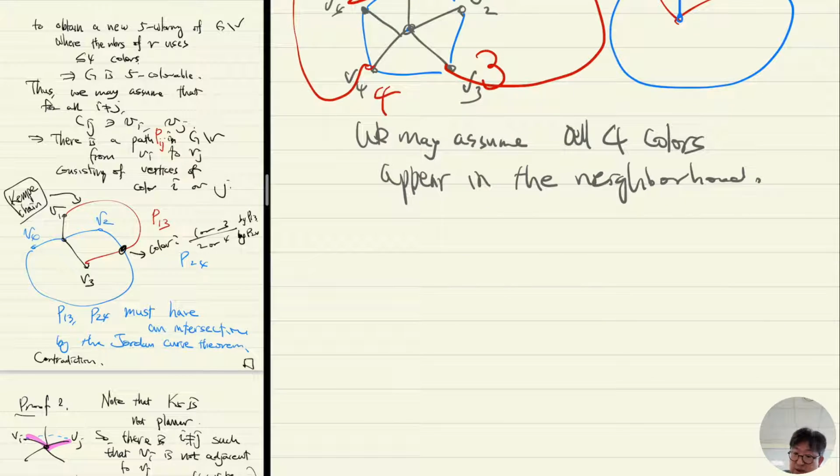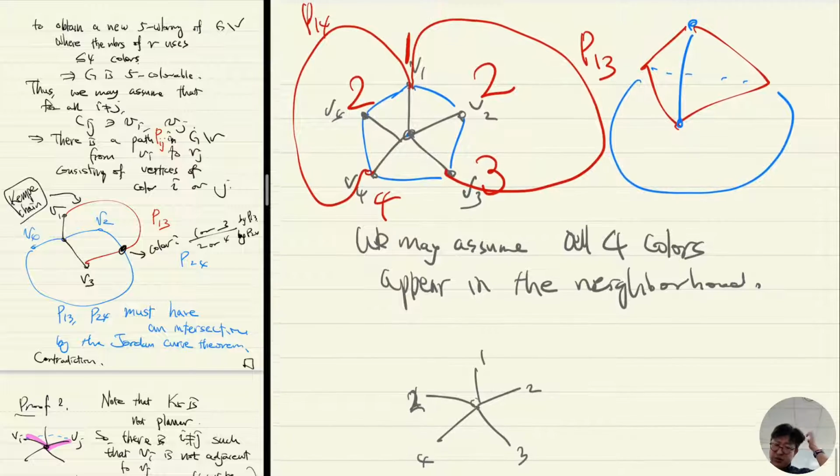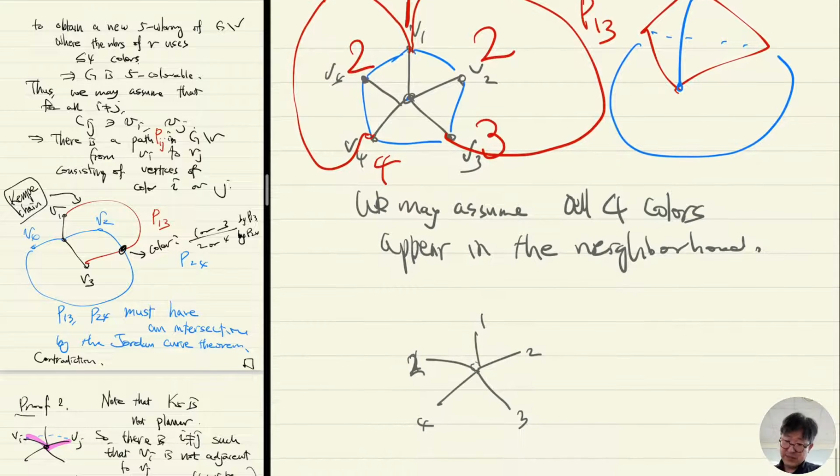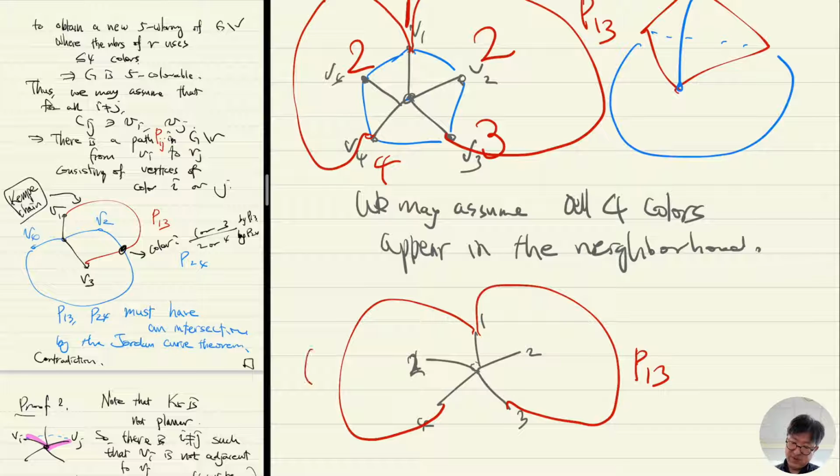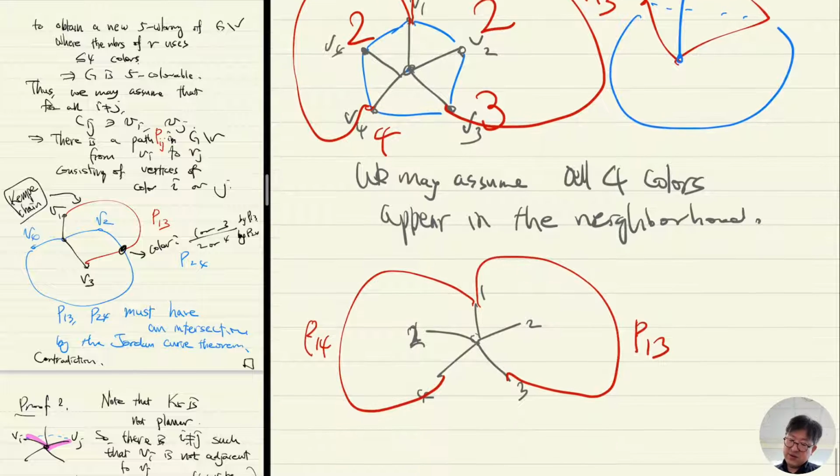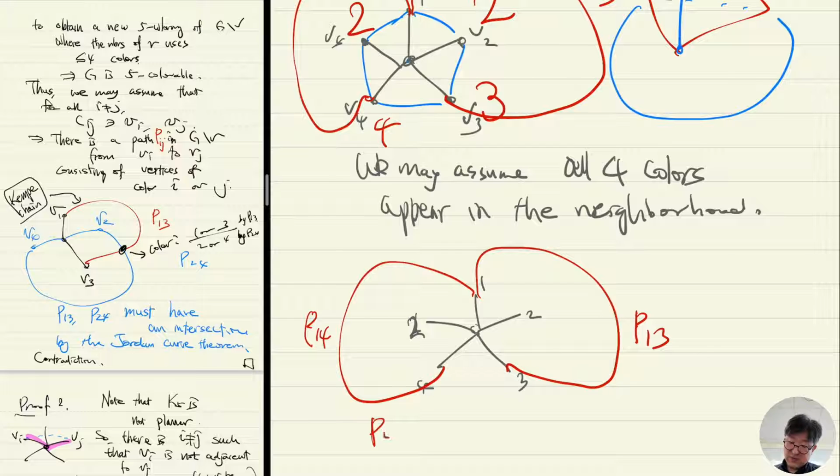Okay, so I have 3, 4, 5, color 1, 2, 3, 4, color 2. I'm assuming the color 2 appears twice. There's a path P13, there's a path P14, and how about P24?